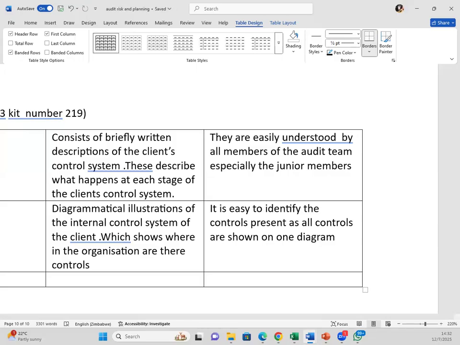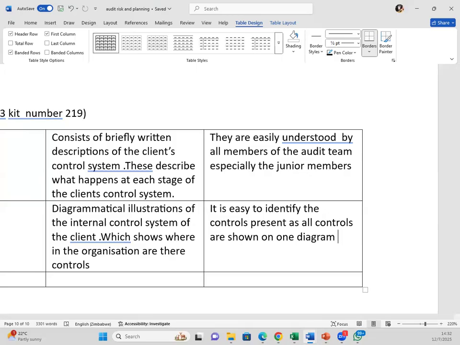It's more like a plan of a house. How many doors do we have? We can just see everything on one diagram. But if it's narrative notes, you have to go there on the ground. You write, okay, the office has 2 doors. You go and you write, okay, the reception has this many doors.